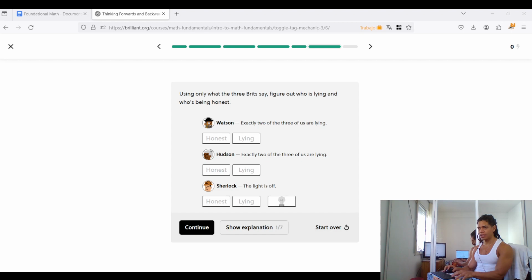So Watson says exactly two of us are lying. Hudson says exactly two of us are lying. So Watson and Hudson, and then you have the light is off, right? So Sherlock only cares here.